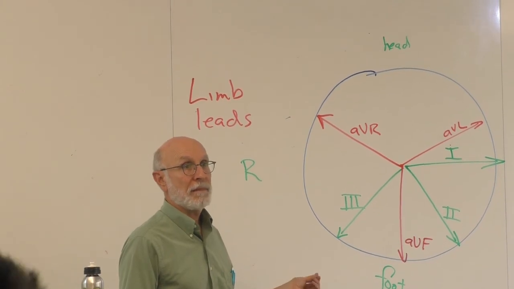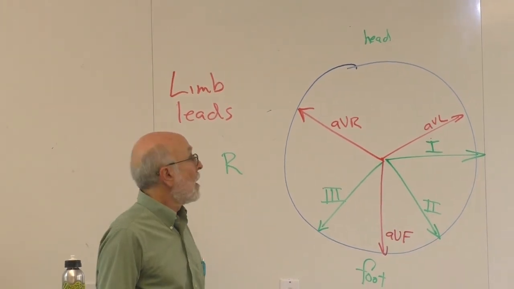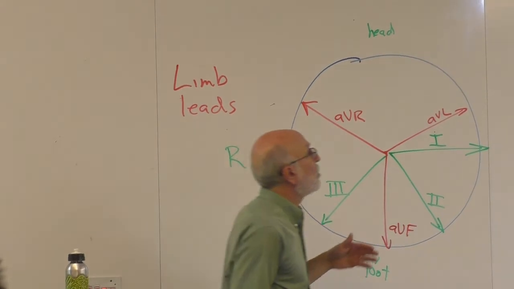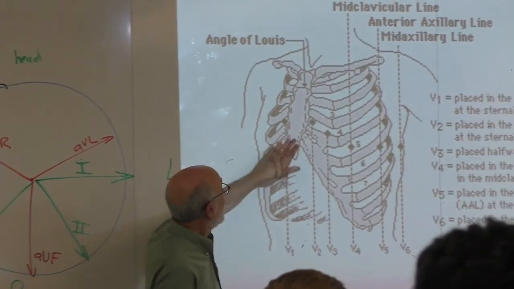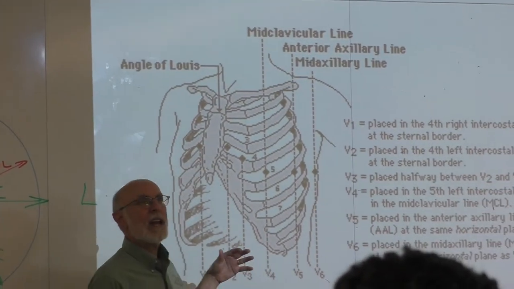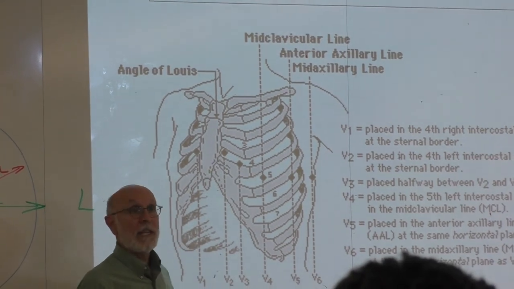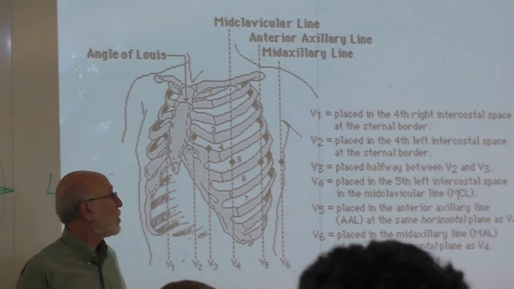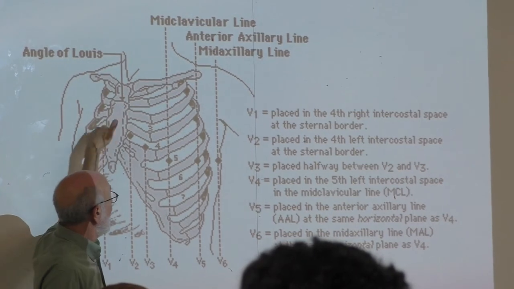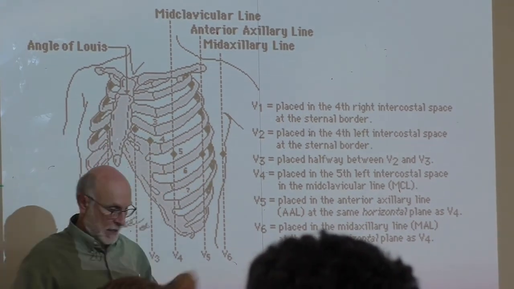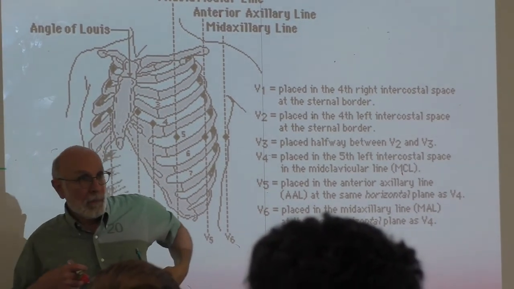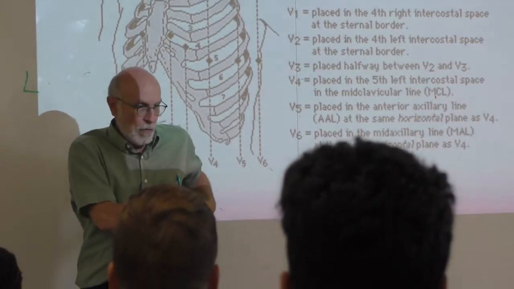We don't have that machine. There are also the so-called precordial leads that we're not going to do at all, and we're not even going to talk about. But just the other, so this defines 6. I said there were 12. The other 6 are sort of wrapped around the chest. 1, 2, 3, 4, 5, 6.